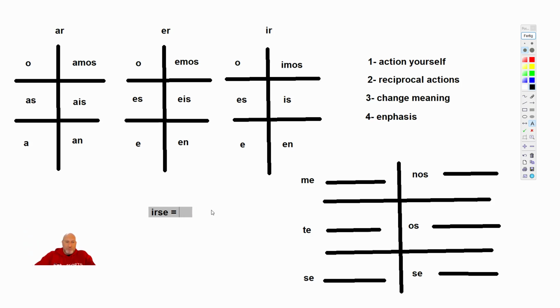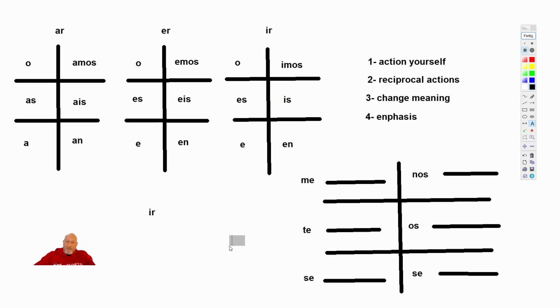So if I know how to conjugate ir, I know how to conjugate irse, because it's basically using these little pronouns before the conjugated verb. This was an irregular verb, but we know how to do it. Yo me voy. I leave. Tú te vas. You leave. Él se va. He leaves, and so on.